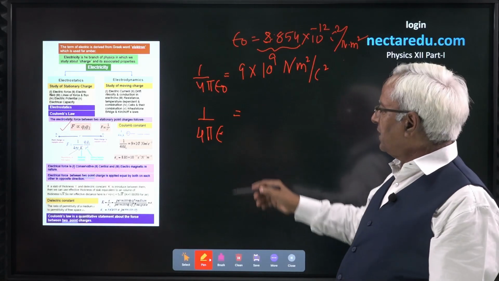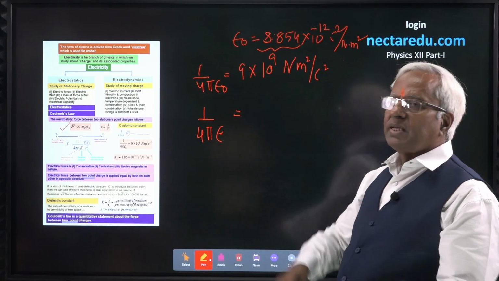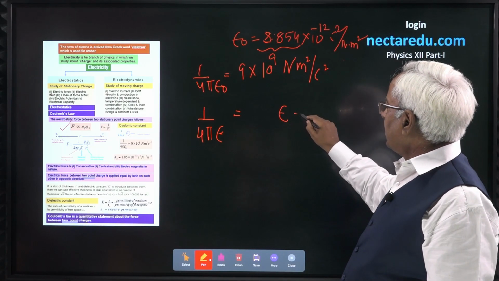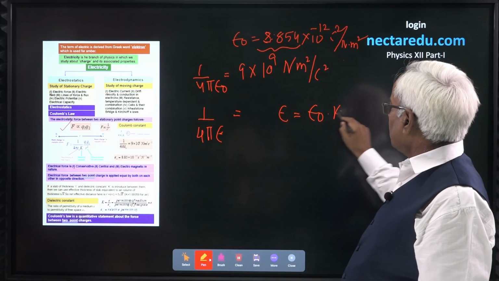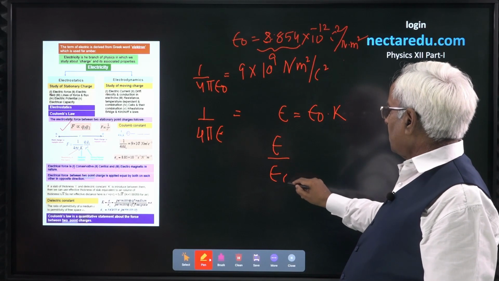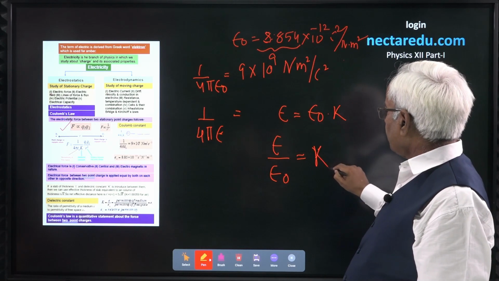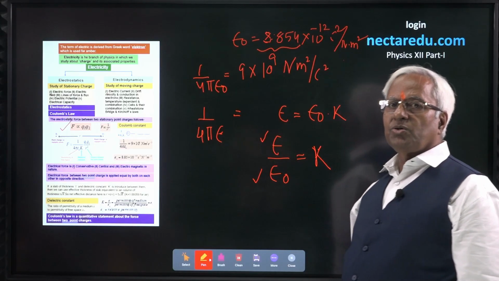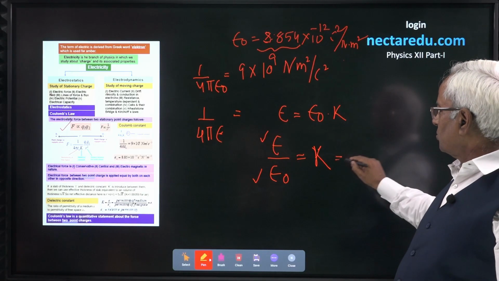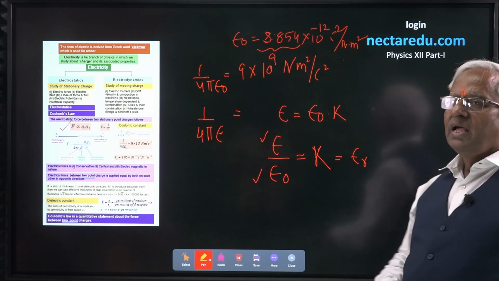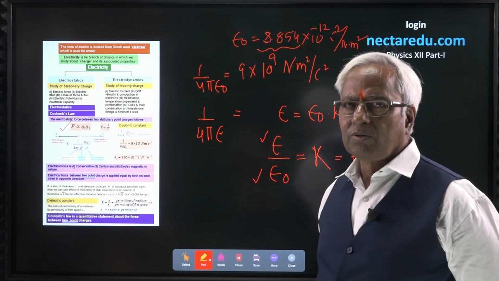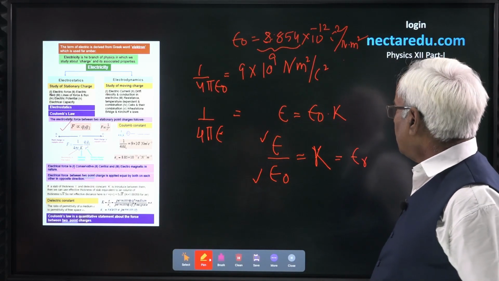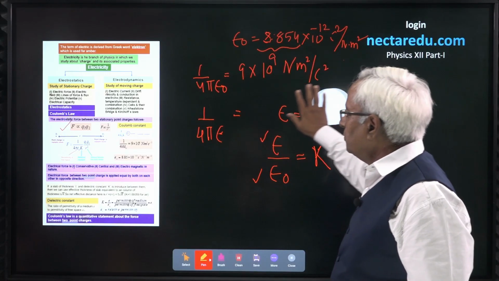Suppose there is some medium, then you would prefer epsilon. Epsilon stands for the permittivity of any medium, and that could be written as epsilon naught into K, or better you write K as the ratio of these two: permittivity of a medium to permittivity of free space. This ratio is known as the dielectric constant. This is also known as relative permittivity, and above all, this is also known as specific inductive capacity. For the medium this term is used.